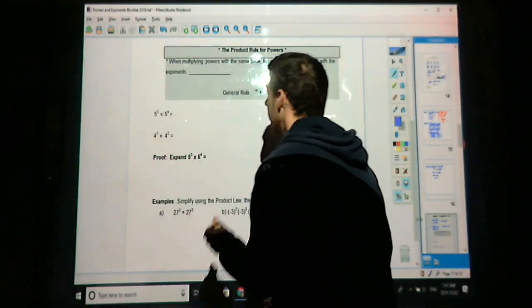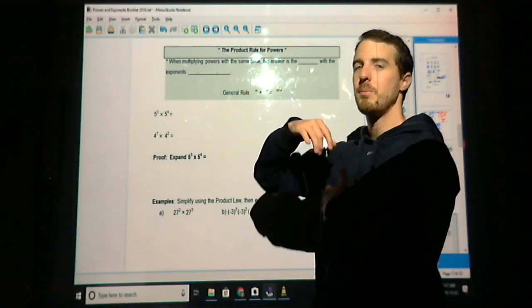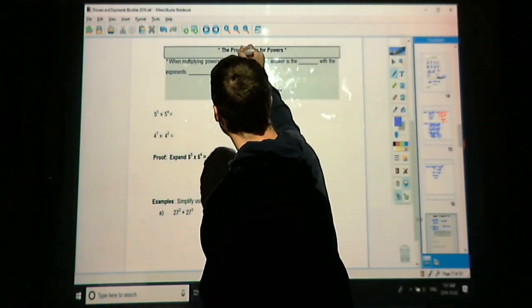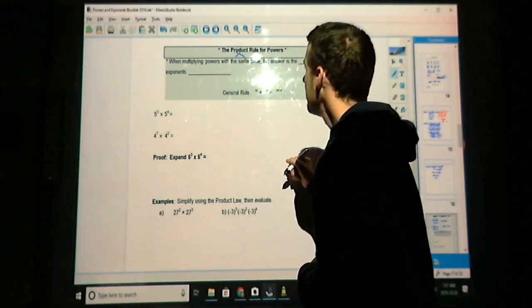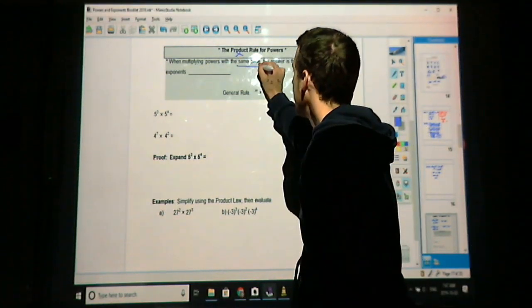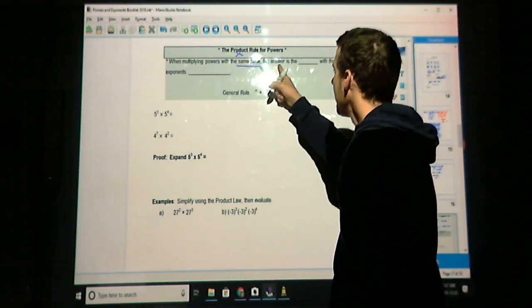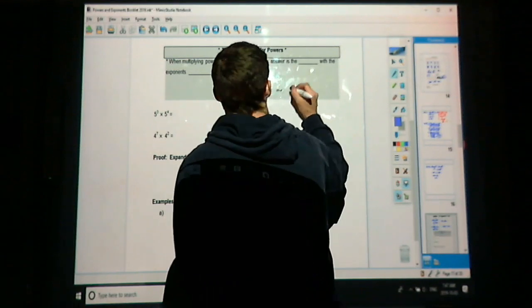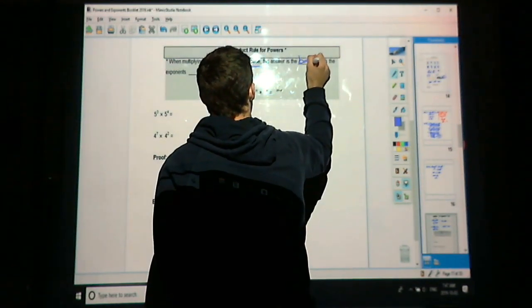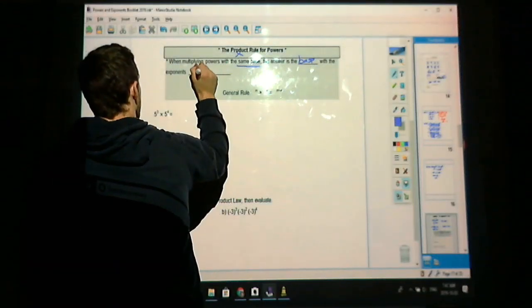The rule goes for product, so that's when we multiply. A product is multiplication. So when multiplying powers with the same base, very important, same base, the answer is the base with the exponents added.